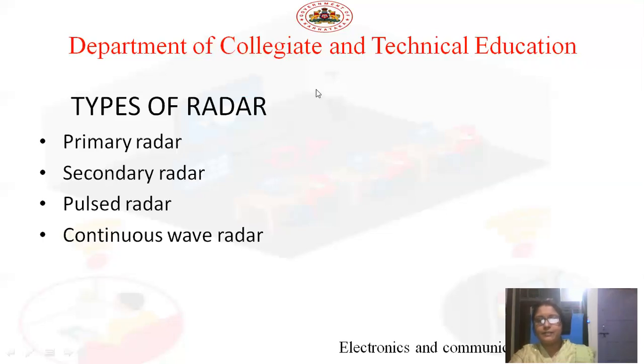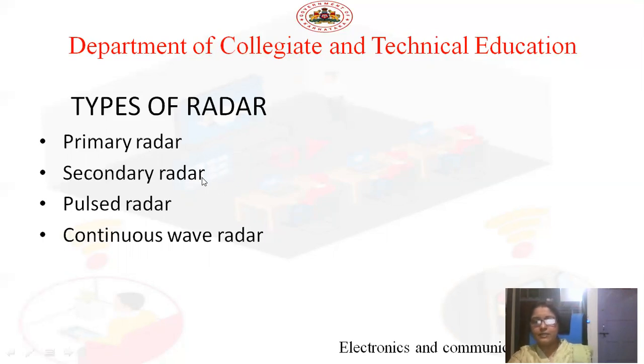Secondary radar means the signals are radiated from the transmitter at the radar station and targeted towards the target position. Those signals are received at the target and analyzed, and then one more signal is radiated towards the radar station, and that signal is collected.